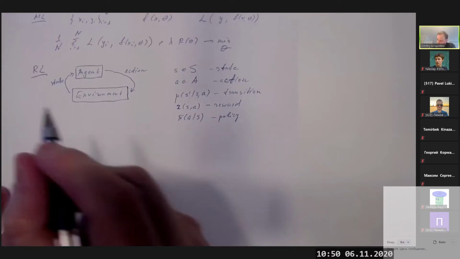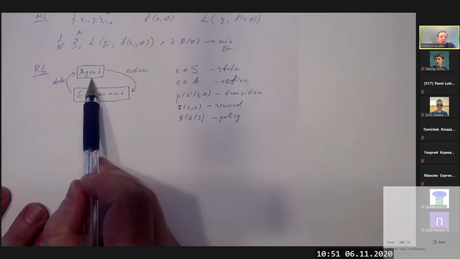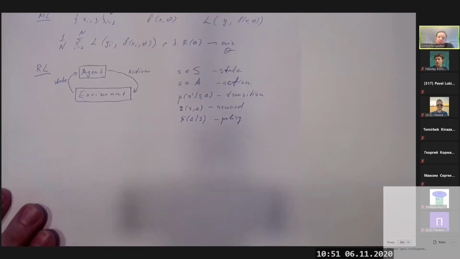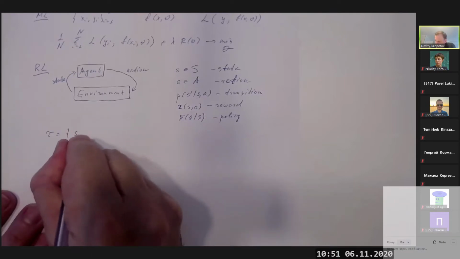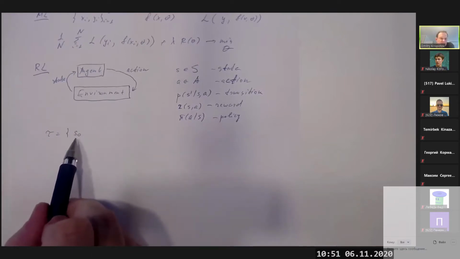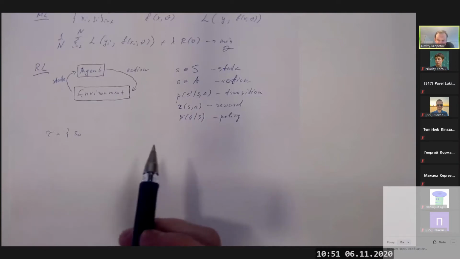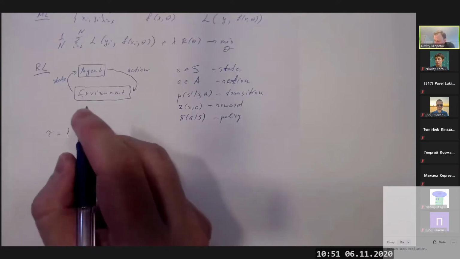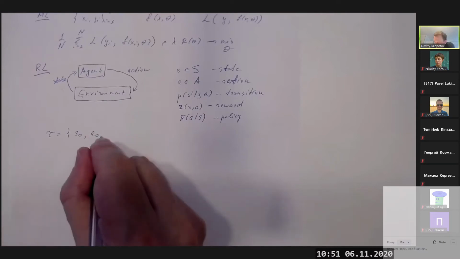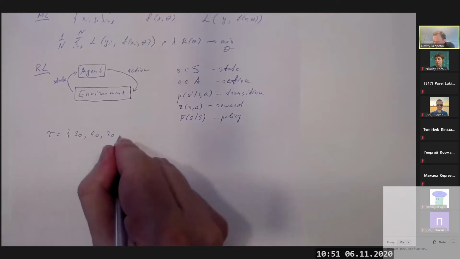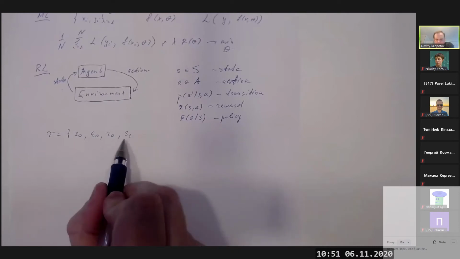So if we run our agent within our environment, we can collect what is called a trajectory, tau. So we start from some state S0, the zero time moment. Then our agent makes an action in this state, gets a reward. And then our environment moves to the next state.